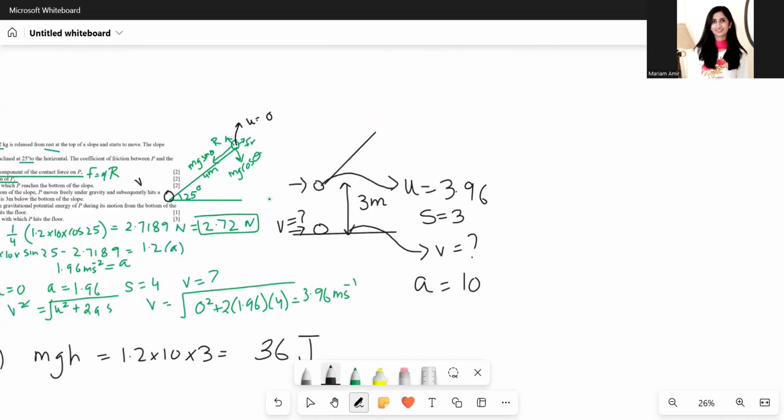Okay, find v from here. v is equal to square root of u square plus 2as.